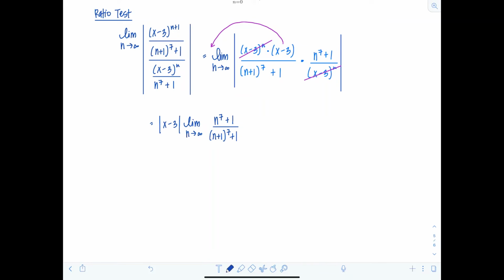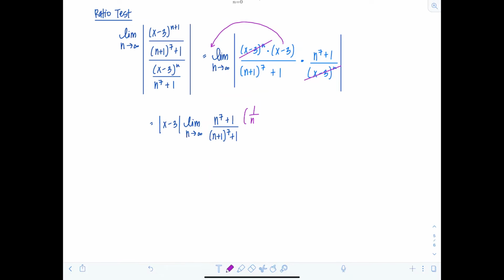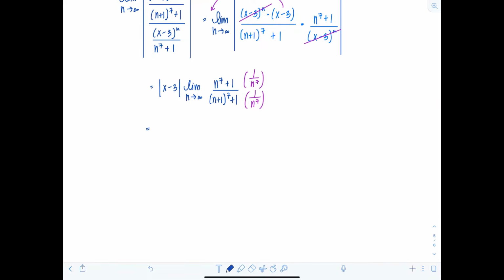Now again, you have to be a little careful when you take this limit, because I am going to divide by the highest power of n in the denominator, by 1 over n to the 7th. But now I have to be careful when I distribute it across. So let's rewrite what we have so far. I have absolute value x minus 3 times the limit as n approaches infinity.